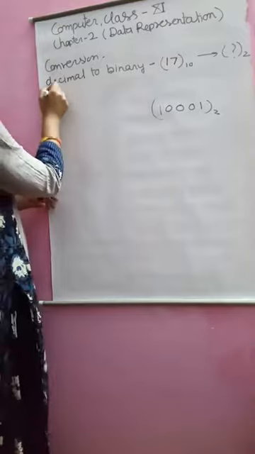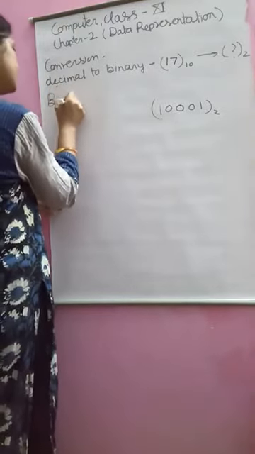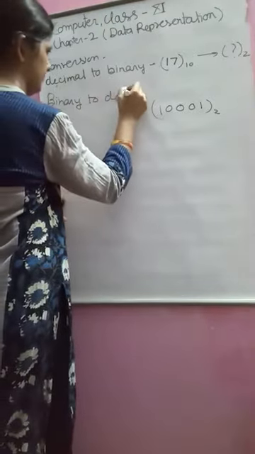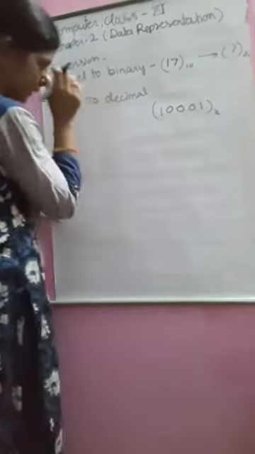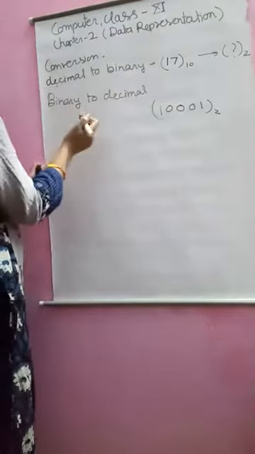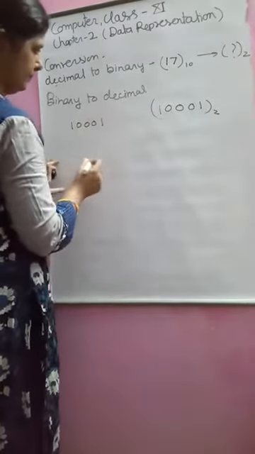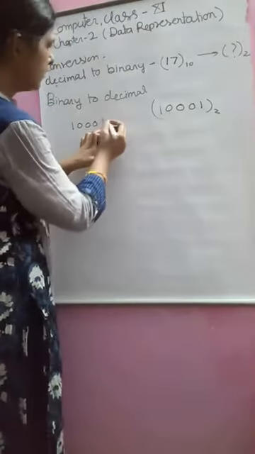How can we convert binary to decimal? Take a binary number and start from here.